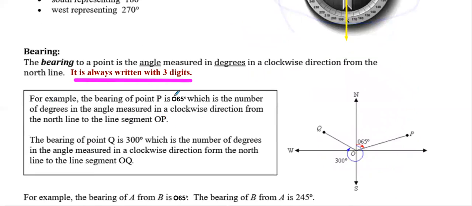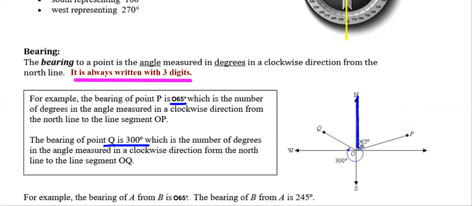All right. So for example, a bearing to a point 065 degrees. So again, start at the northerly line, measure 65 degrees from there, and that's how you get to your bearing, 065 degrees. All right. Q is at a bearing of 300.